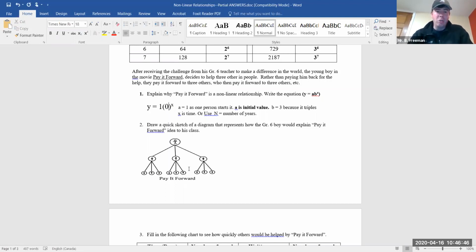If you had an interest rate of 5%, you would do 0.05 if you just wanted the interest, or 1.05 if you wanted the interest plus the original principal. Tax in Canada is 13%. So we would do a change rate of 1.13 if you're doing the tax on top of your purchase, or 0.13 if you're only doing the tax. So I hope that just helps remind you that your rate of change is just what you did in grade 11 math.